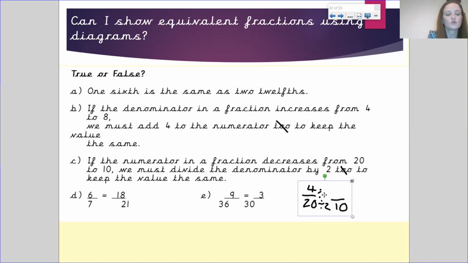So is that true or false? And then I would like you to tell me if 6/7 is the same as 18/21, and 9/36 is the same as 3/30. So these are all true or false. And then I would like you to give a reason for your answer. Don't just write true or false. Give me a reason for what you've written.